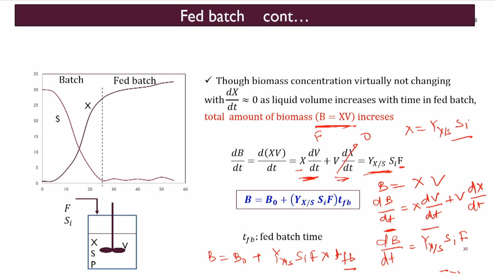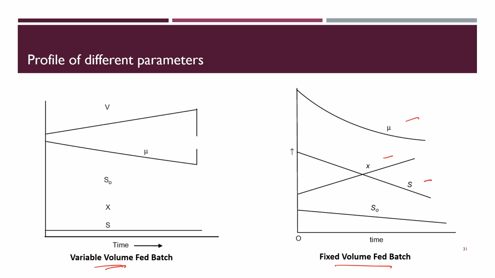Now, we can see the profile of mu, x and S for both the cases. Variable volume means volume is increasing, and fixed volume remains constant. In the case of variable volume fed batch, we are assuming that the profiles of x and S remain constant, and the value of mu is decreasing slightly.